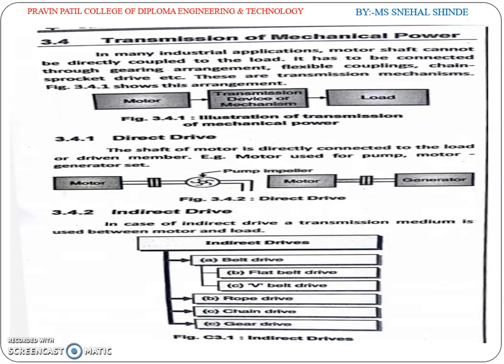In the case of the indirect drive, a transmission medium is used between the motor and the load. The indirect drive is classified into belt drive, which has two types, flat belt drive and V belt drive, then rope drive, chain drive, and gear drive.